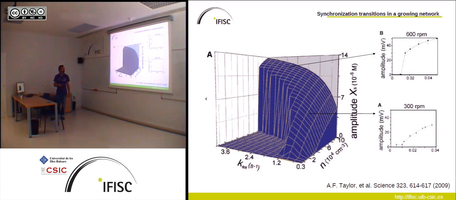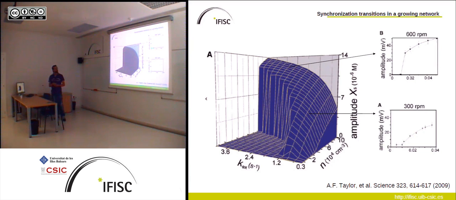populations. What they found is that when they measured the amplitude of the electric signal in the Belousov-Zhabotinsky medium, depending on the density of the catalyst particles and the stirring rate, they found a sharp transition to the synchronized state from a quiescent state where the Belousov-Zhabotinsky had always the same color to a synchronized state where they measured this electrical signal.